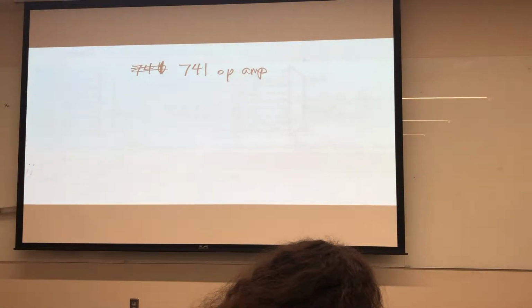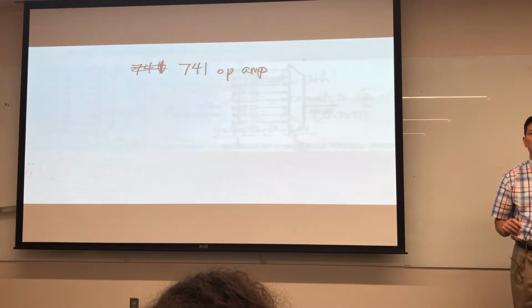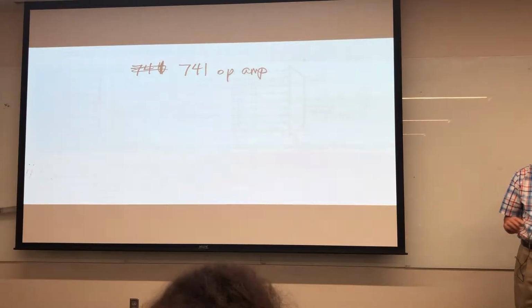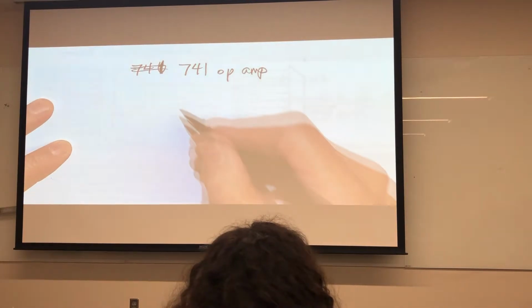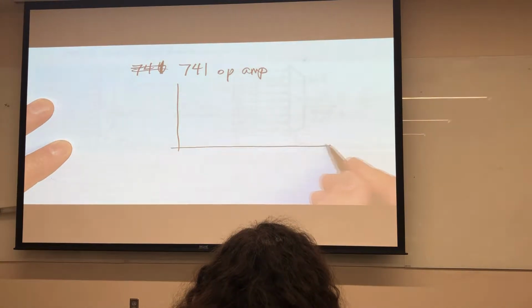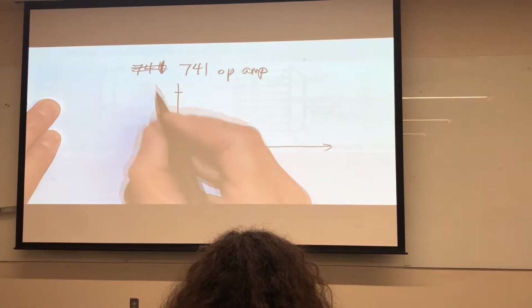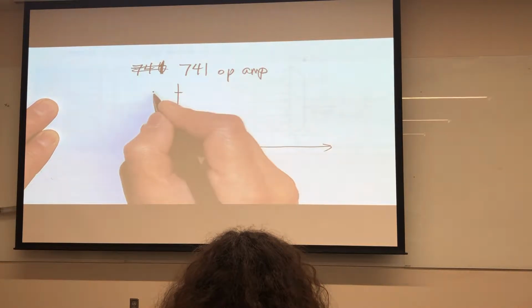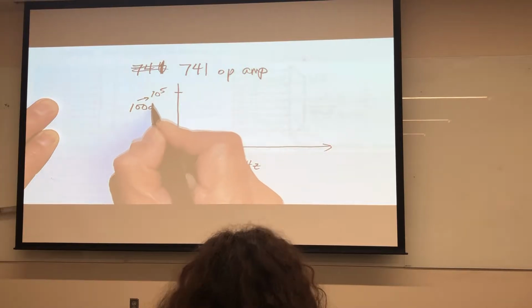Okay. Have you seen the 741 op amp in electronics? Do you still talk about it a little bit? If you're in 3700, the 741 op amp has a gain characteristic as a function of frequency. Now this is hertz. At low frequency, the gain is on the order of 10 to the 5th, and 10 to the 5th is like 100 dB.